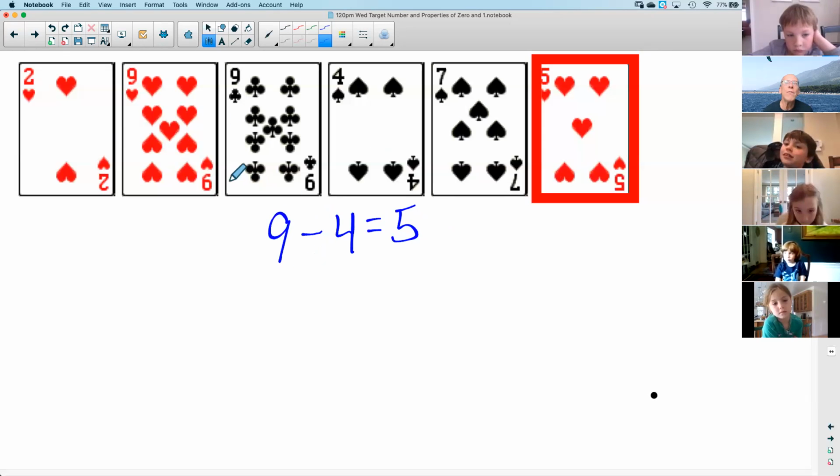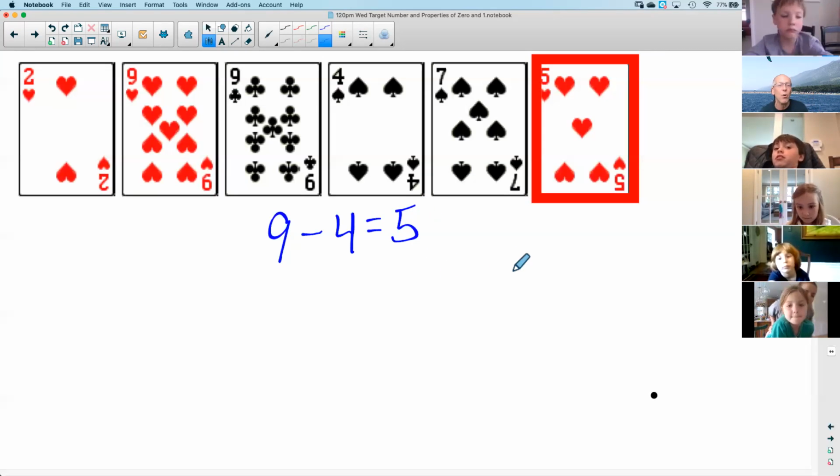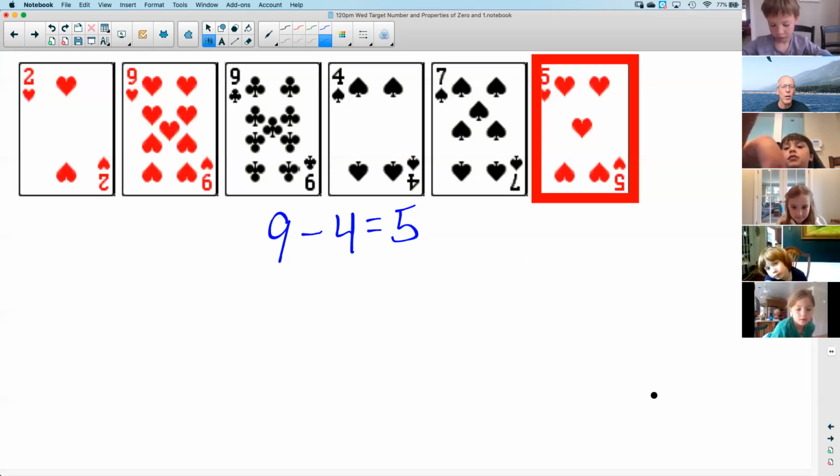Now, who can figure out a way to make 7, 9, and 2 disappear and become 0? Or become 1. If it becomes 0, then we could take Lila's 5 and add it to 0. If we get a 1, we can take Lila's 5 and multiply it by 1. Actually, no. What do you think we can do?